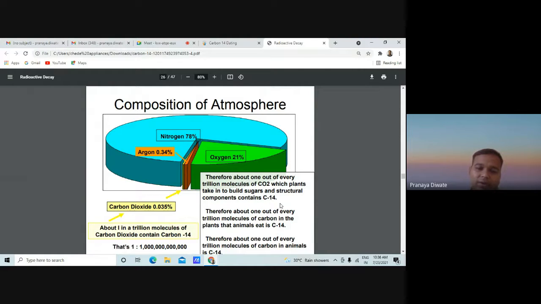Therefore, about 1 out of every trillion molecules of CO2 which plants take in to build sugar and structural composition contains C14. So C14 is very rare in nature. About 1 out of every trillion molecules of carbon in the plants that animals eat, and in animals, is C14.